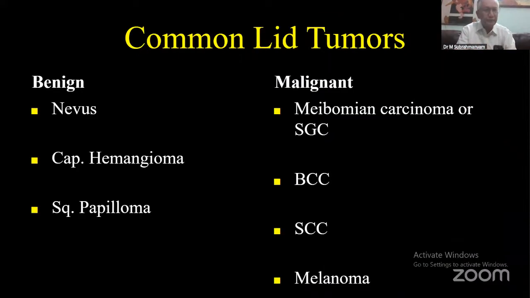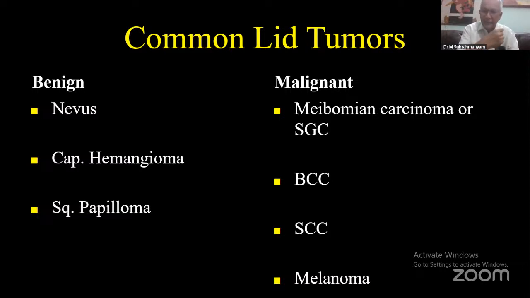Or if you want to split the anterior lamella, that's a good surgical mark. Let's look at the common lid tumors. The benign ones are the nevus, capillary hemangiomas, and squamous papillomas, apart from viral warts, and various cysts from glands of Moll and Zeis and other things. Whereas among the malignant, though the textbooks say that basal cell carcinoma is the most common malignant tumor, nearly up to 90%, in India, the most common tumor is meibomian carcinoma or sebaceous gland carcinoma.